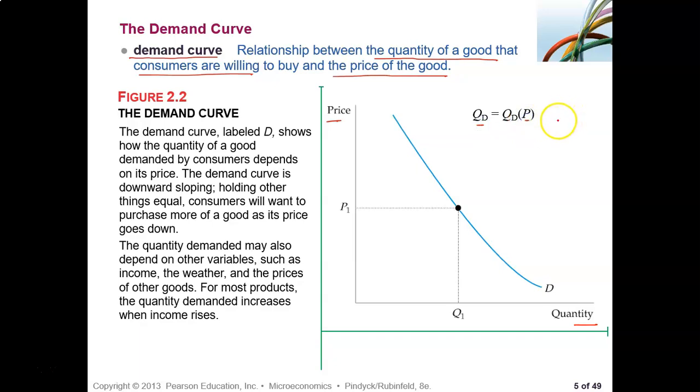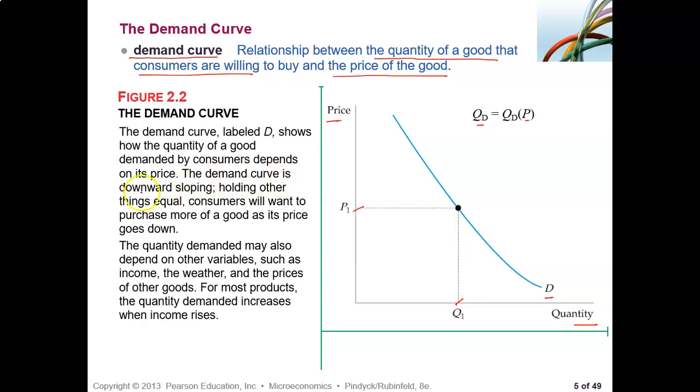So when price is P1, demand for the product is Q1. The demand curve, labeled D here, shows how the quantity of a good demanded by consumers depends on its price. So at price P1, demand is Q1.